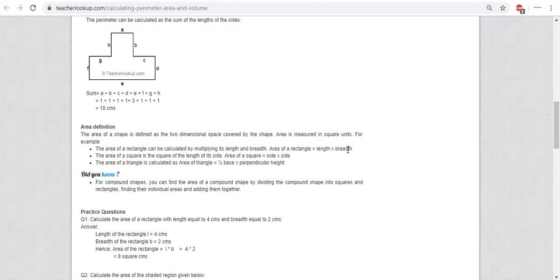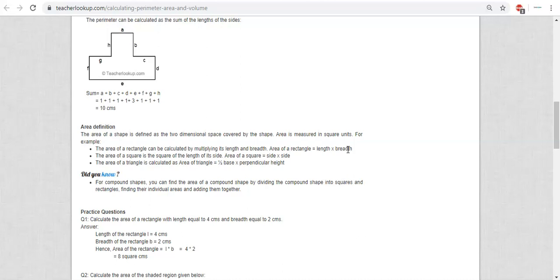And the area of a square is the square of the length of its side. Area of a square is equal to side times side. And triangle, on the other hand, the way you find the area is it's half base times the perpendicular height.